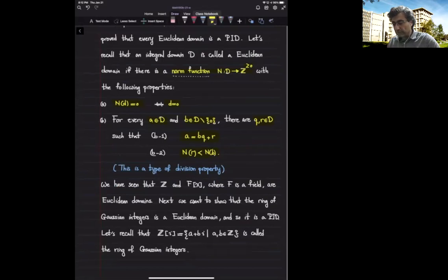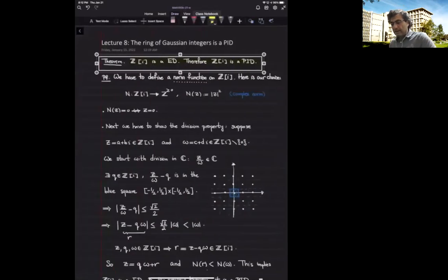And the last thing that we wanted to show was that the ring of Gaussian integers, meaning the ring that we get out of adding i to Z and making it into a ring, the smallest subring containing both Z and i, which consists of elements of the form a plus bi, where a and b are both integers, is a Euclidean domain, and therefore it is a PID. So let's start with the proof of this statement: why the ring of Gaussian integers is a PID.